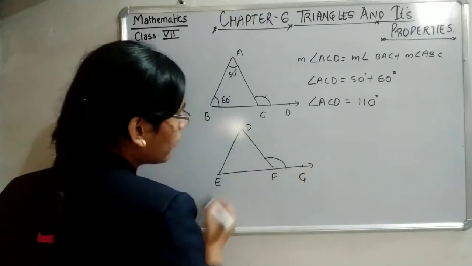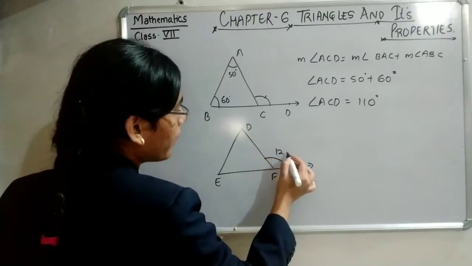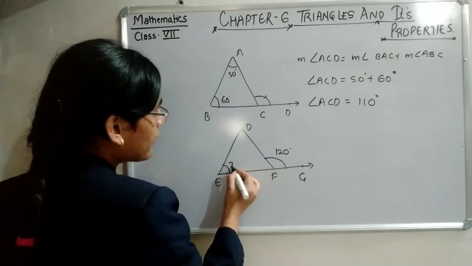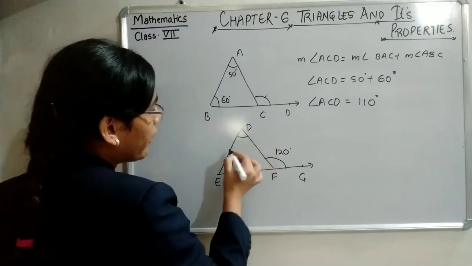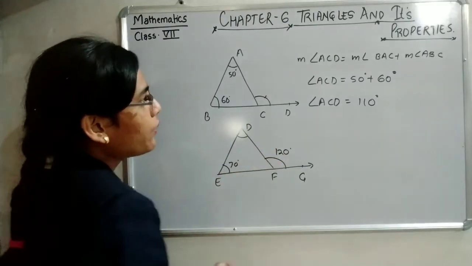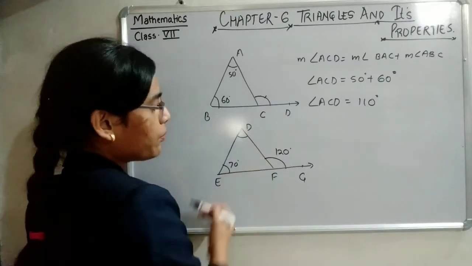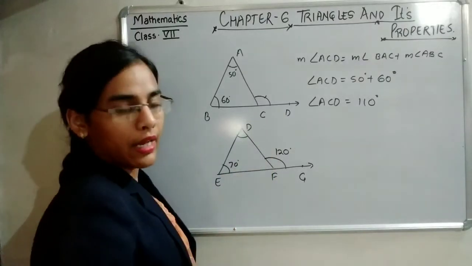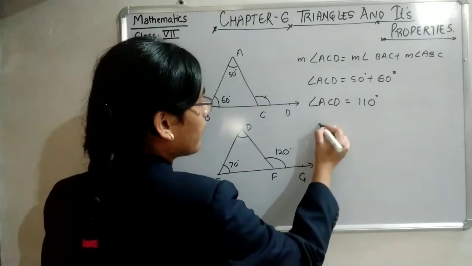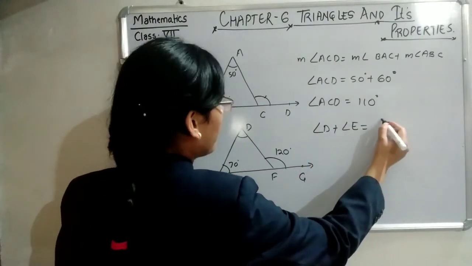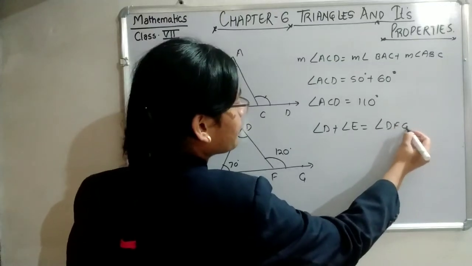Similarly, if we are given another triangle, suppose it is DEF and this DFG is the exterior angle of this triangle, which is given to us as 120 degrees. Suppose this interior angle E is given as 70 degrees and we need to find the angle D. So we will use the exterior angle property, which states that the sum of the two interior opposite angles will be equal to the exterior angle. So here angle D plus angle E will be equal to angle DFG.